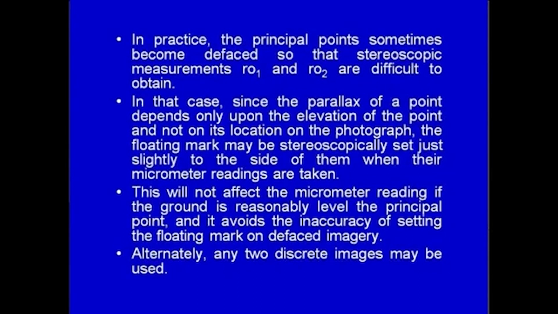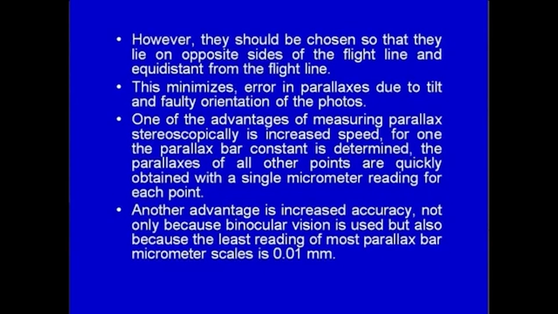This will not affect the micrometer reading if the ground is reasonably level near the principal point, and it avoids the inaccuracy of setting the floating mark on dephased imagery. Alternately, any two discrete images may be used. However, they should be chosen so that they lie on opposite sides of the flight line and equidistant from the flight line. This minimizes errors in parallax due to tilt and faulty orientation of the photographs.